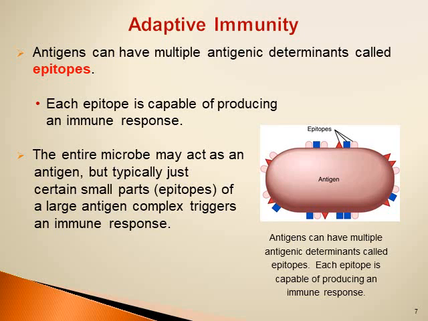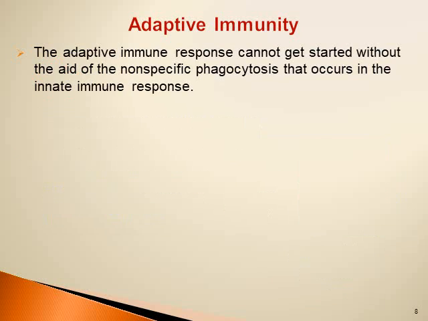So we don't need the entire microbe, just a small part of an antigen that is called an epitope can trigger and induce an immune response.